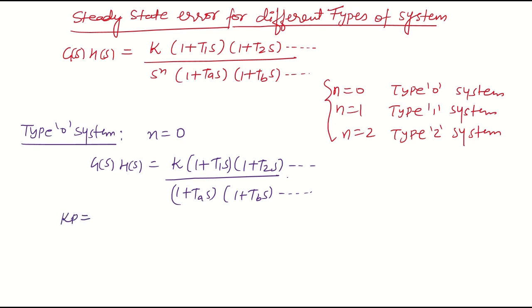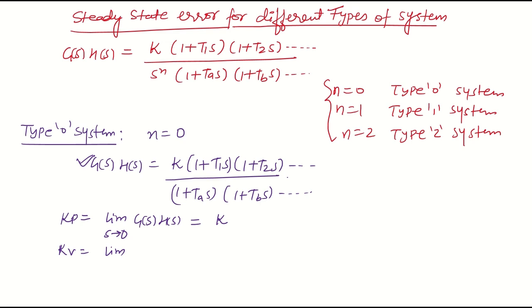We already discussed that Kp is nothing but limit s tends to 0 of G(s)H(s). So if I apply limit s tends to 0 in this expression for G(s)H(s), since all the terms above will be 1 and the denominator is also 1, we are left with only K. So this will be only K. Now the next error constant is Kv, the velocity error constant.